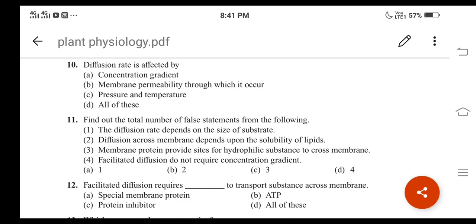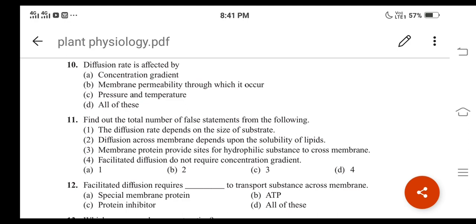Then second one is diffusion across membrane depends upon the solubility of lipids. Then membrane protein provides sites for hydrophilic substance to cross membrane. Then facilitated diffusion does not require concentration gradient, right? Like this 4 different statements are there.